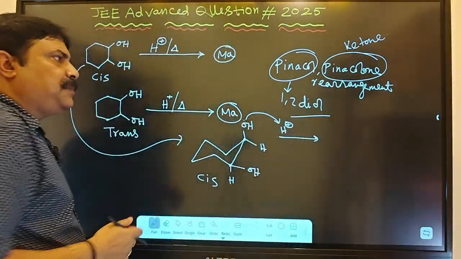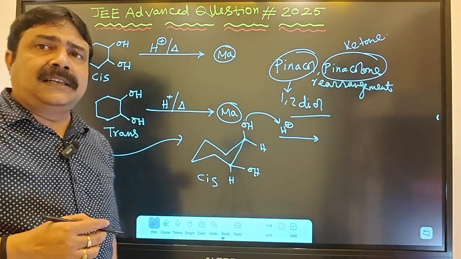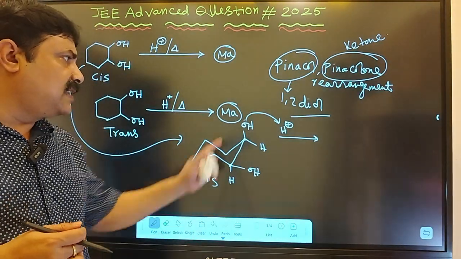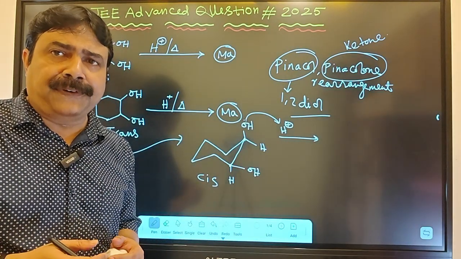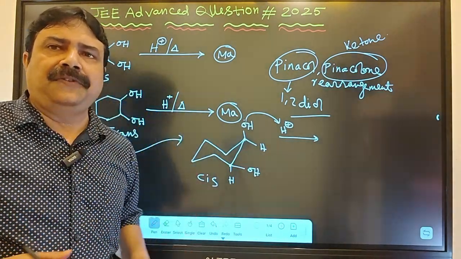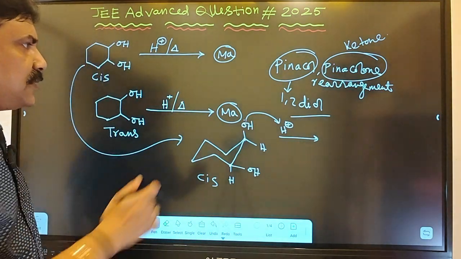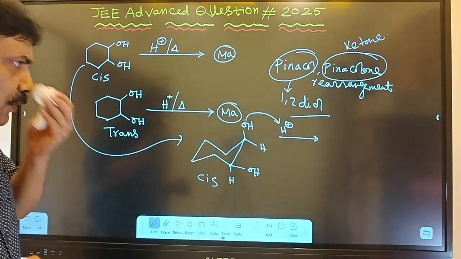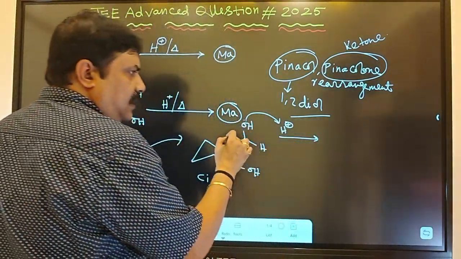Because the axial position is sterically hindered. 1-3-5 diaxial interactions will be more. That's why any bulky group in the axial position wants relief from the 1-3-5 triaxial steric hindrance or repulsion. So that's why this will be protonated. Now once this is protonated, immediately a carbocation is generated here.